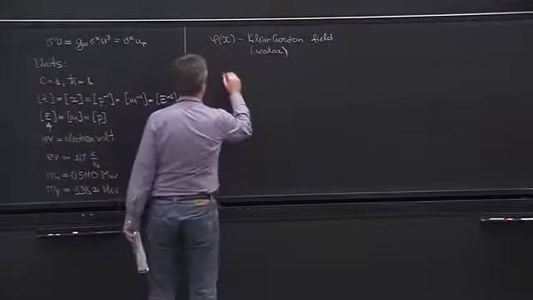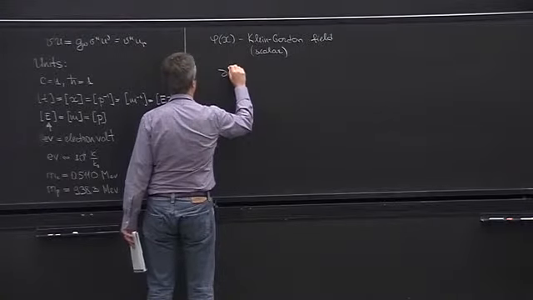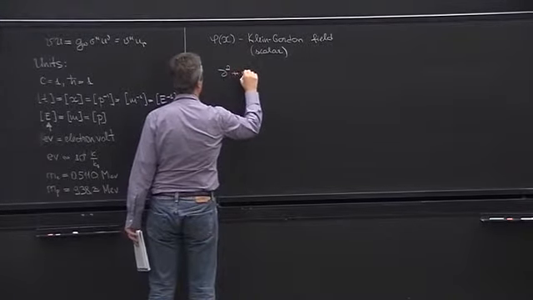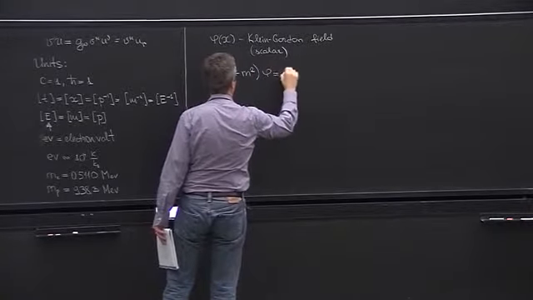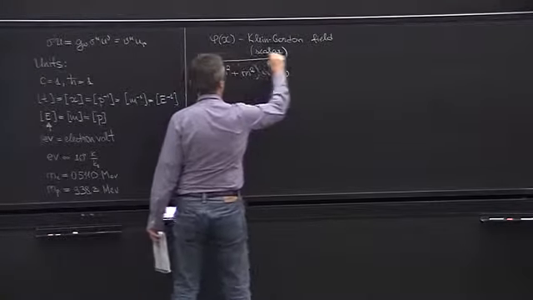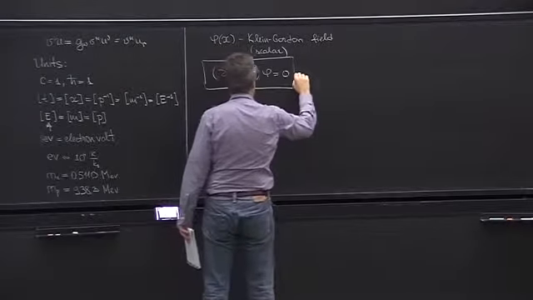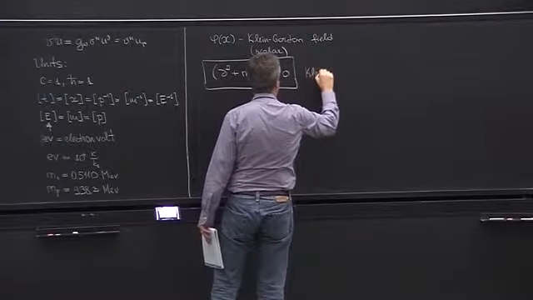And actually there is not much choice. The only equation that we can write is this one, and this is called the Klein-Gordon equation.